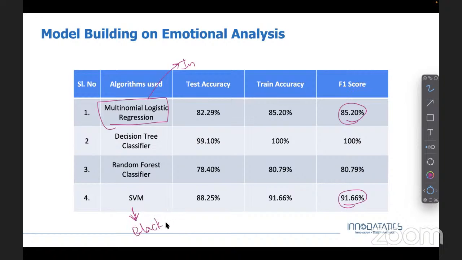It doesn't have good interpretation. However, multinomial logistic regression has good interpretation. And hence, this model was selected out of all these models, despite knowing that the multinomial logistic regression accuracy was the second highest.